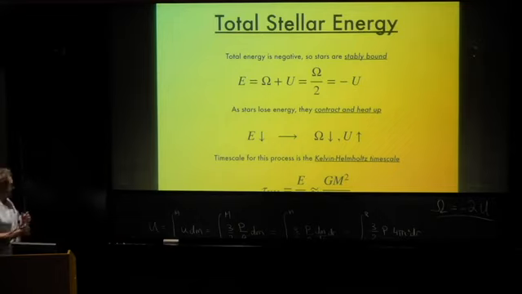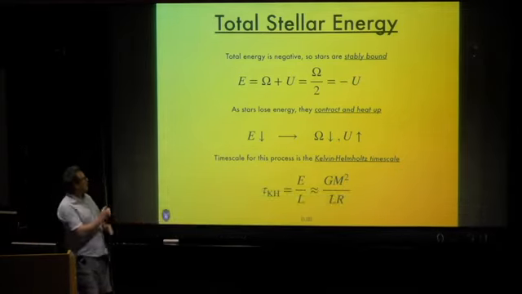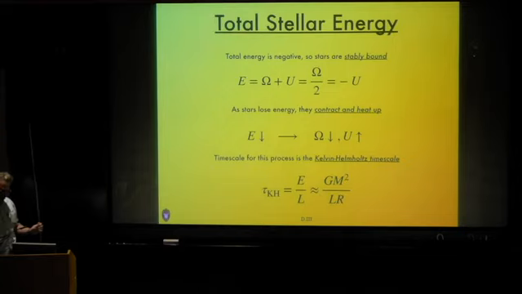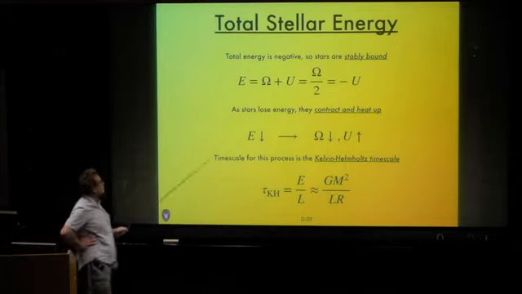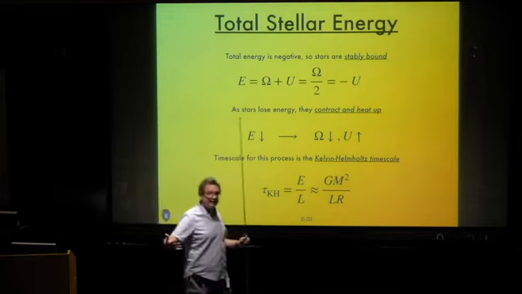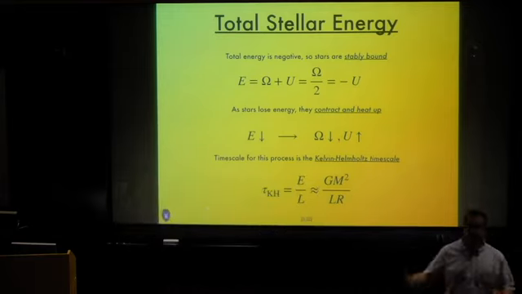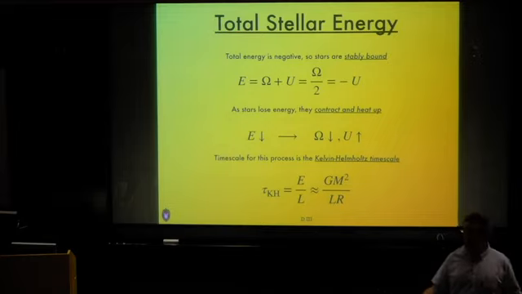That's interesting enough, but for me, the really important result here is what happens to a star if it loses energy. As stars lose energy, as they radiate away into space, because they're hot and space is cold, that's a net loss of energy from the star.